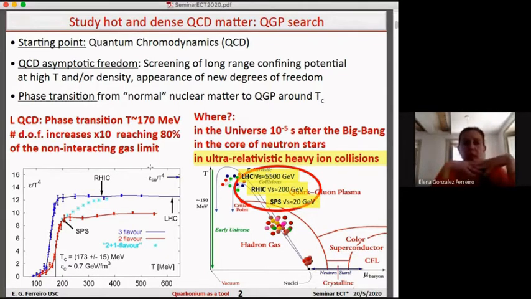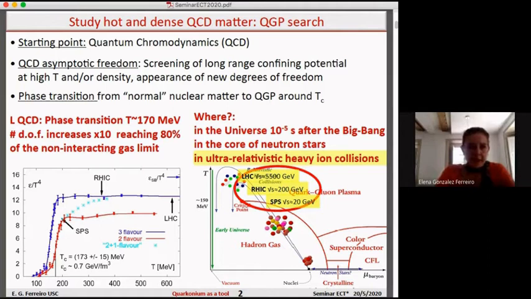So we are looking for this kind of matter, high temperature and density matter, and where we can find it. Of course, in the universe after the Big Bang, but we cannot go to the Big Bang. We can find it also in the core of neutron stars, but for us, and this is one of the main subjects of study for me, it is in the ultra-relativistic heavy ion collisions from SPS up to LHC.